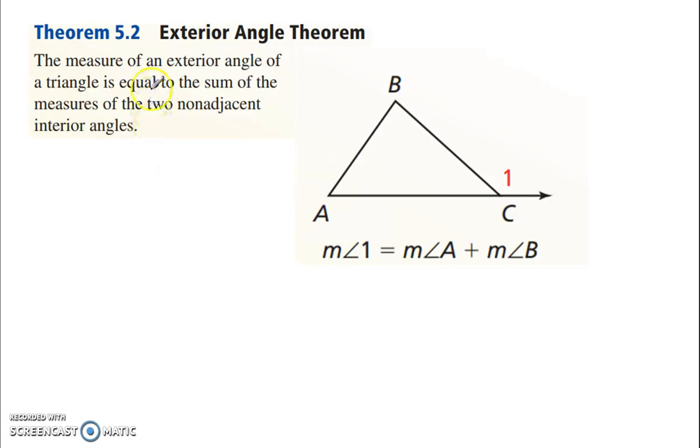So the measure of an exterior angle of a triangle is equal to the sum of the measure of the two non-adjacent. So not the one that it's next to, but the two other angles. So this angle right here is equal to these two added together, because that interior angle at C obviously also adds to 180 with those two.